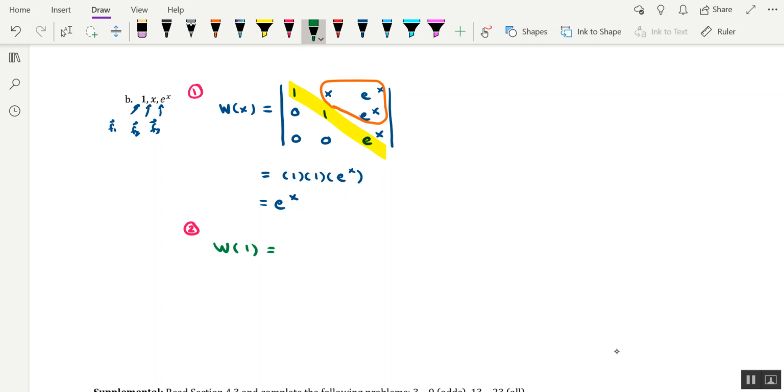So w of 1 is equal to e to the first, which is equal to e. Now that's obviously not equal to 0, which implies that the Wronskian is not identically equal to 0. Therefore, the set of vectors f sub 1, f sub 2, and f sub 3 is linearly independent.